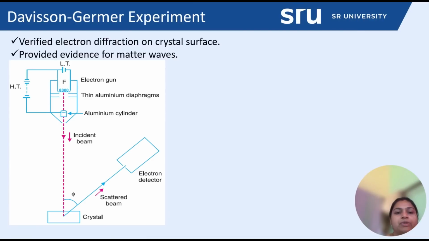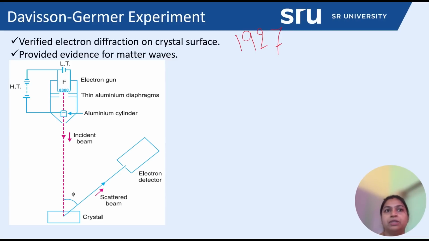Now we'll come to the Davisson-Germer experiment. This experiment was established in 1927. They showed that electrons scattered from a nickel crystal produced diffraction patterns, a wave phenomenon.